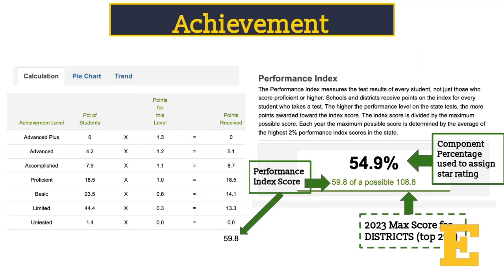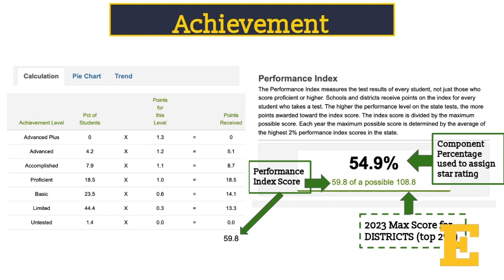To calculate our performance index score, we're looking at the achievement levels that are listed on the left-hand side, and then we're looking at the percent of students that actually scored at each of those levels. And we get a certain level of points for each achievement level. All those points are then added up, and we earned 59.8 points.